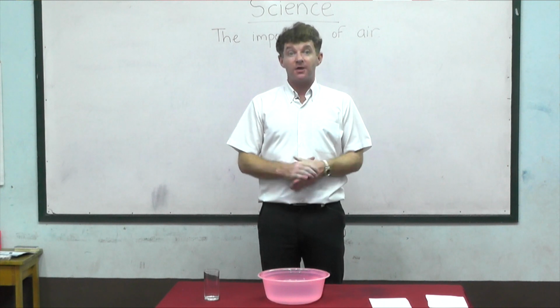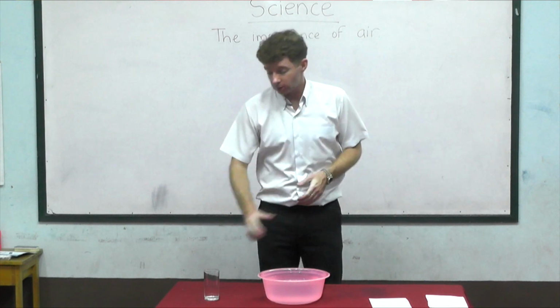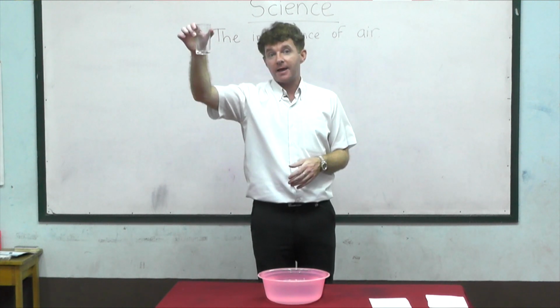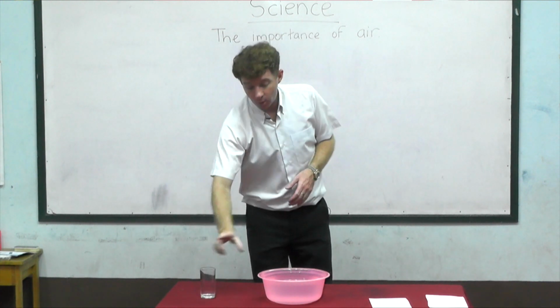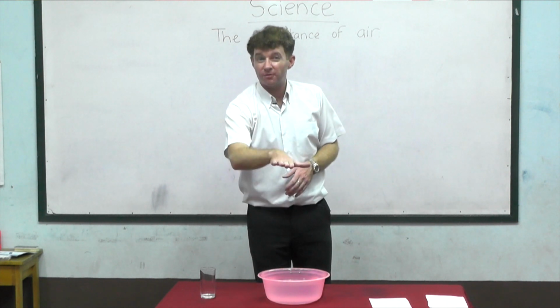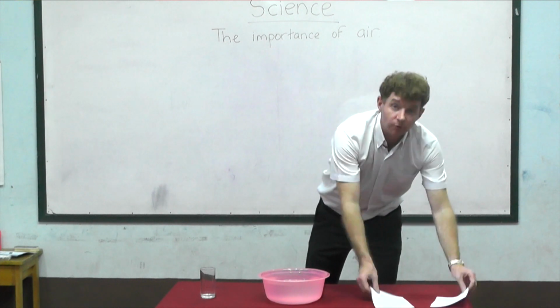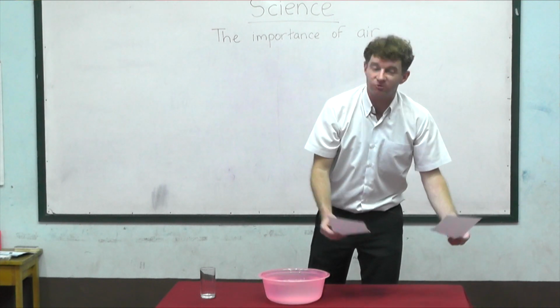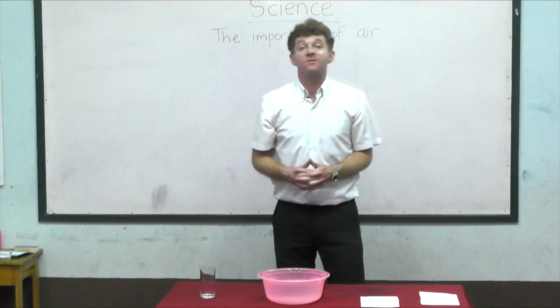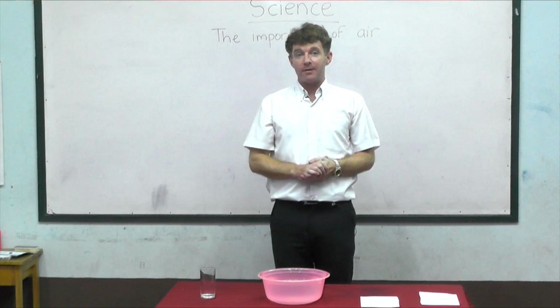But if not, you can use the school classroom like we are doing now. And what you will need is 1 empty glass, 1 bowl with water filled up near enough to the top, but not quite to the top, and also some pieces of paper or tissue. And what we're going to do is show how air is all around us.